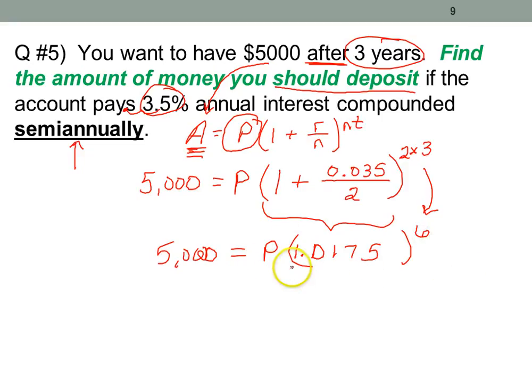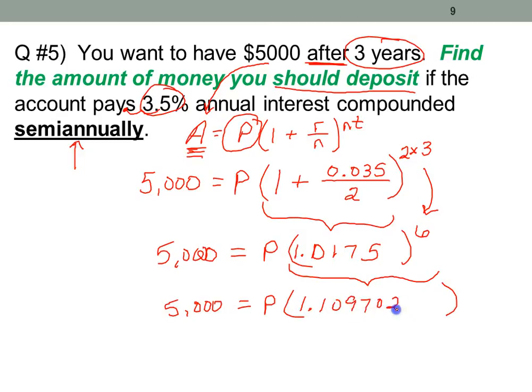Now, since I'm solving for P, I'm going to go ahead and continue right here. So I have 5,000. P. Now, go ahead and type this in so I can get my number. 1.0175 to a power of 6 gives me 1.109702354. And again, we don't want to round because rounding just means we're going to be losing our pennies. So don't round. Now, how are we going to solve for P? This is P times, so how do we move this over and solve?